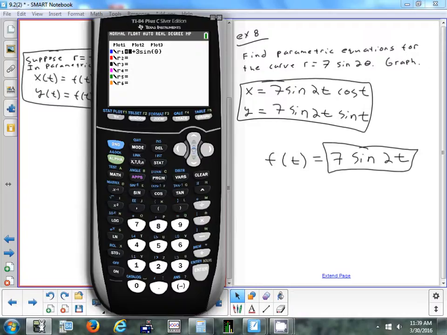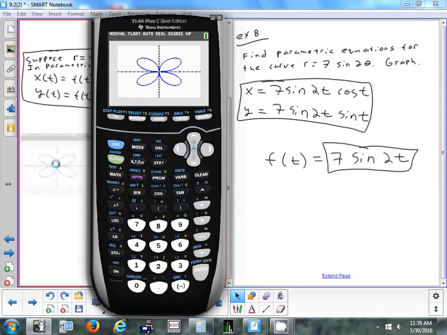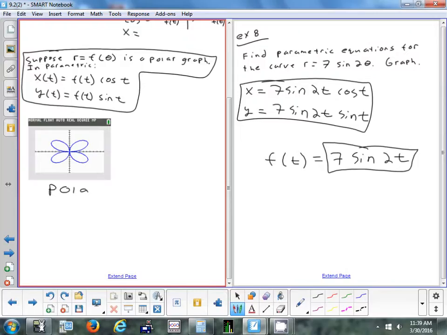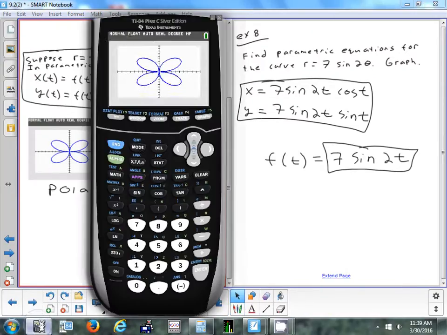Right, so let's graph 7 sine 2 theta. We'll talk more about the shape after. Okay, let's try zoom 6. So that's the first one. Let me just write polar. And now let me do it in parametric.